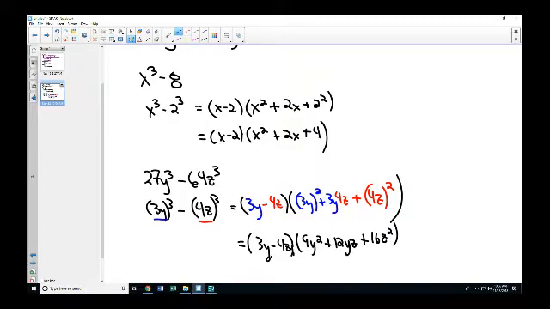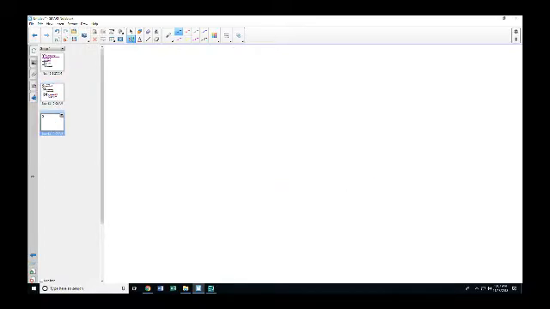Okay, you okay with that? Then you're okay with the sum of cubes as well, because all that differs is the signs. Plus, plus, minus, plus. So we write it down for you, and we can be done.